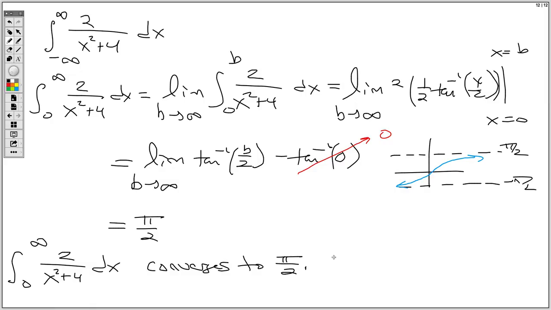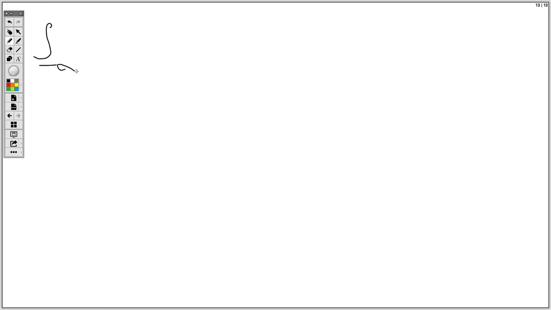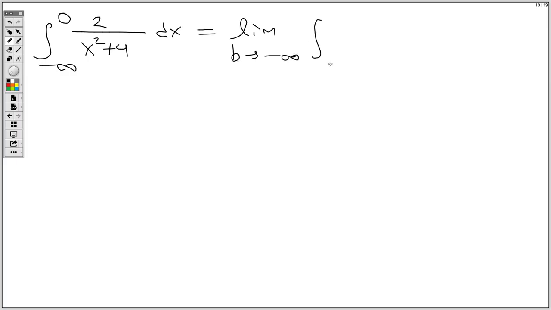Now we're going to check the second half. So now we have to check to see if the integral on the left converges. So we need to look at the integral from minus infinity to 0 of 2 over x squared plus 4 dx. And what would that limit look like? Well, in this case, b is heading off to negative infinity.